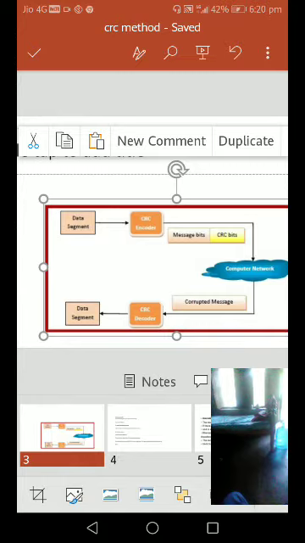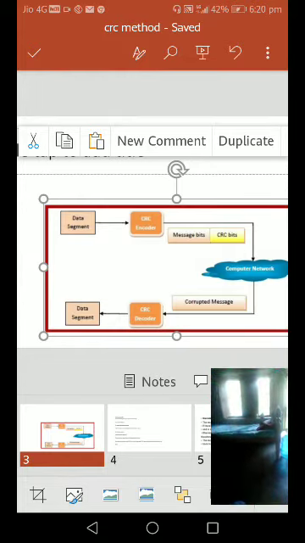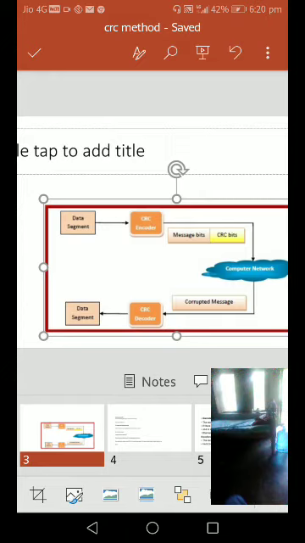Then the original data plus remainder is divided by this number. After division, if we get a remainder of 0, then the data will be accepted at the receiving end. Otherwise the data will be rejected at the receiving end.